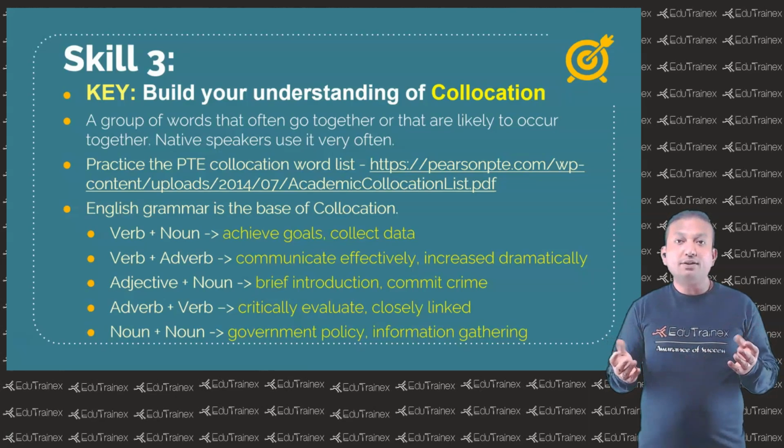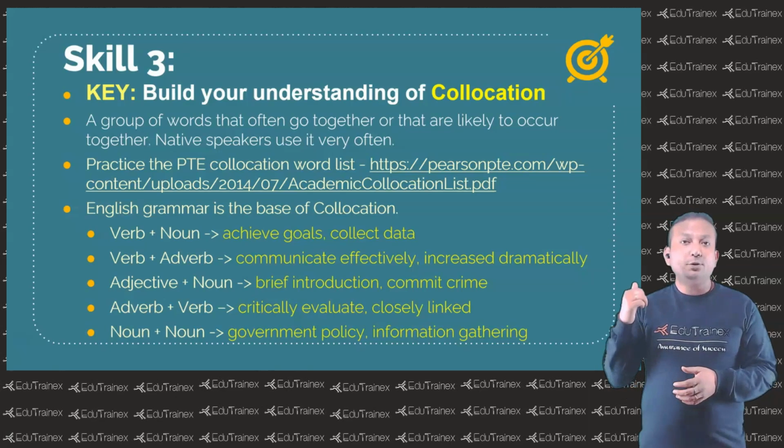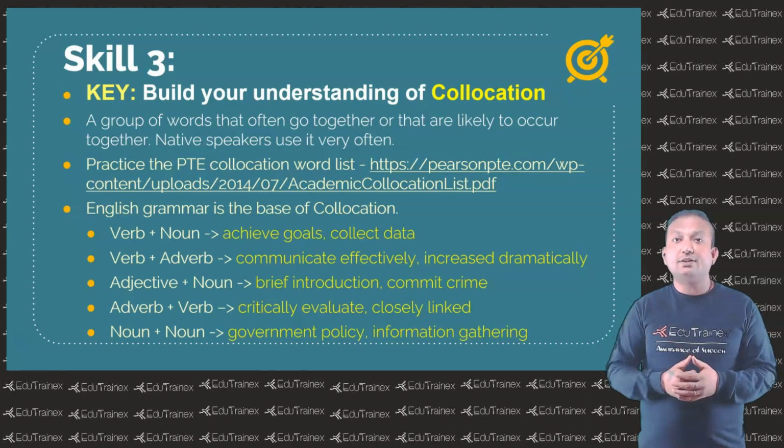Or it can be a combination of adverb and verb, as in critically evaluate, closely linked. And lastly, it can also be a combination of noun and noun together, like government policy and information gathering. So if you see the previous slide where I explained the word types, now you can understand the relations that I just discussed about collocation.